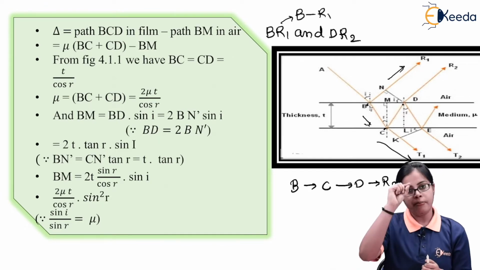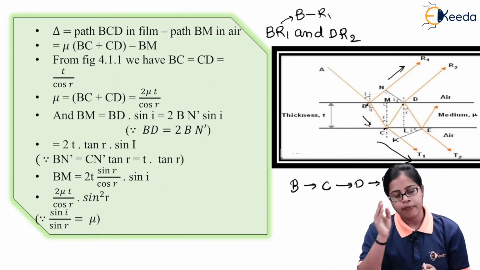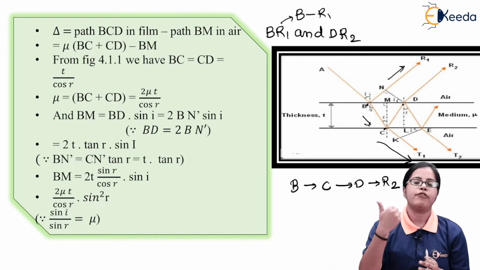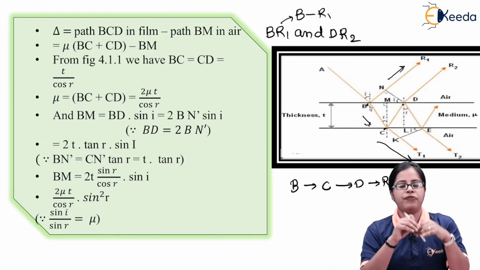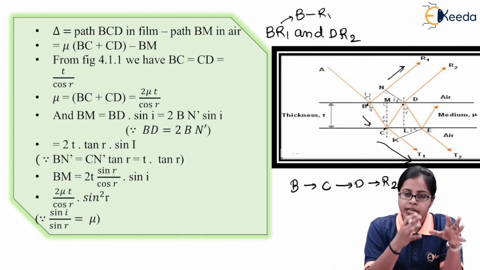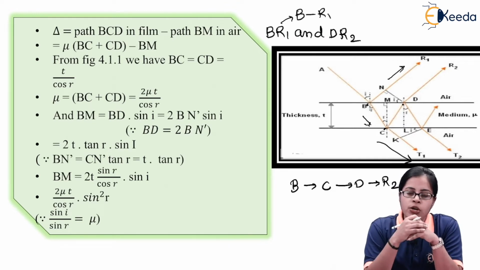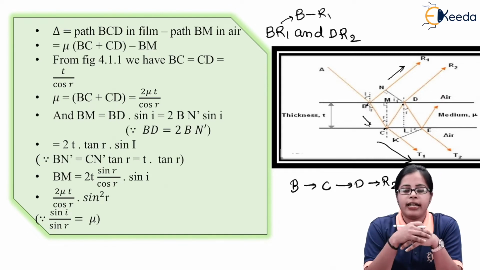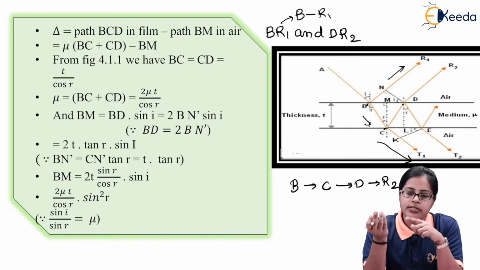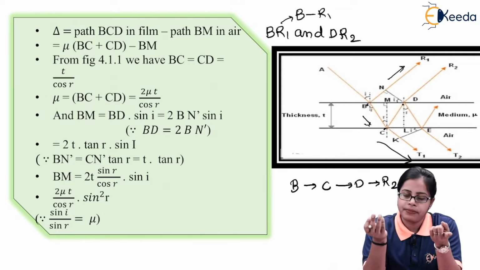The ray starts from B, comes to point C, suffers partial reflection at C, goes from C to D, and again from D to R2. So if I ask you again, which ray of light, BR1 or DR2, has traveled a longer distance? Obviously the answer is that DR2 has traveled a longer distance as compared to BR1.